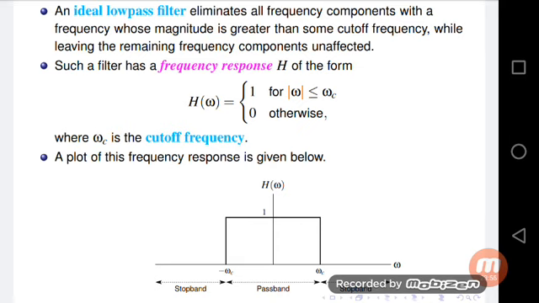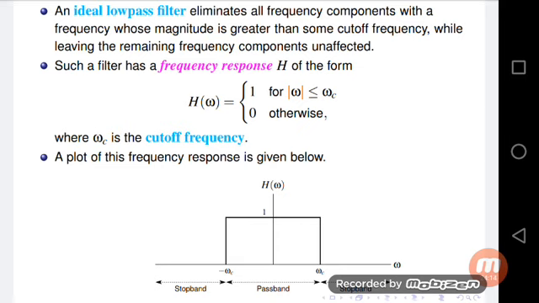Stop band means no signal propagates in that particular period. By using pass band it will propagate some frequency on that particular wave.